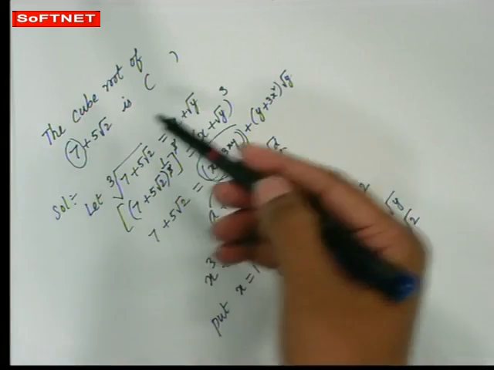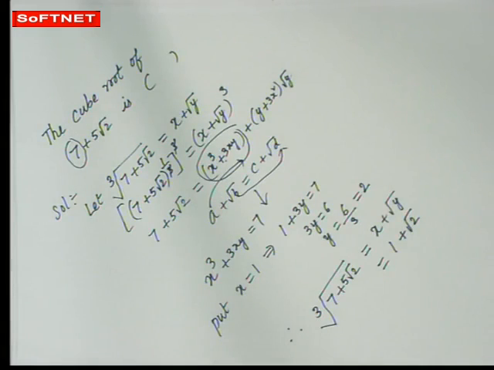One of the options is 1 plus root 2. Just by cubing the options you will get 7 plus 5 root 2, that will be the answer. So you can check it. Okay? You might have understood how to find the cube roots. Now I will do another one directly, but once again I will repeat this question for you later.